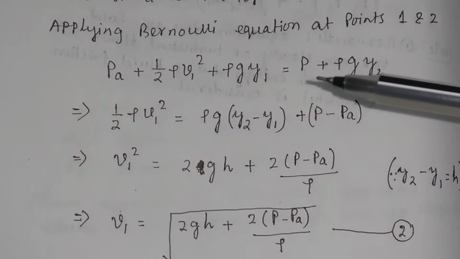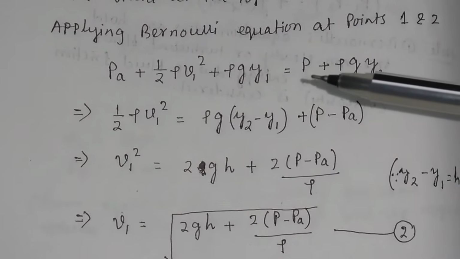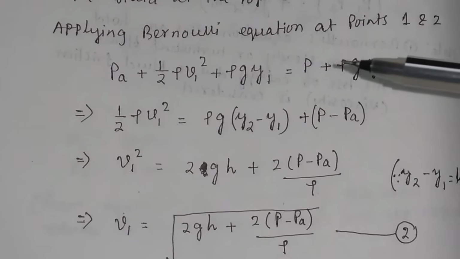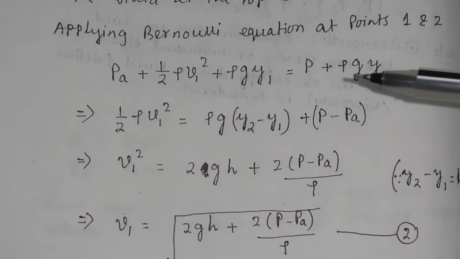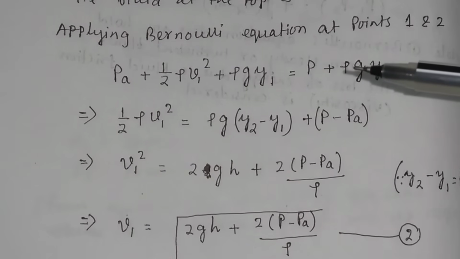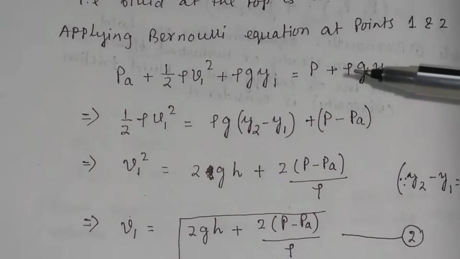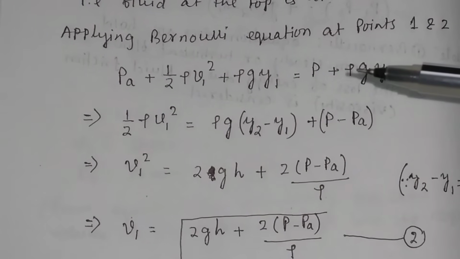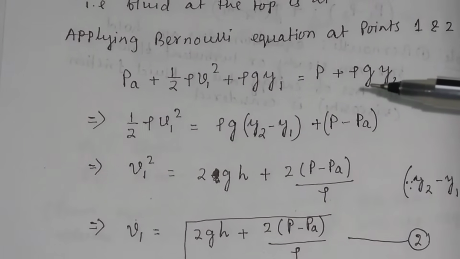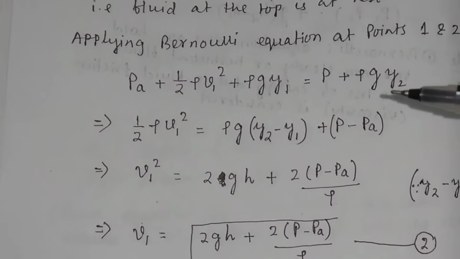That will be equal to the total energy at the point 2. The pressure at the point 2 is equal to P, and the kinetic energy per unit volume is equal to 0, because we have proved that the velocity at the top is 0. So the kinetic energy per unit volume will be 0, and the potential energy per unit volume will be equal to rho g y2.